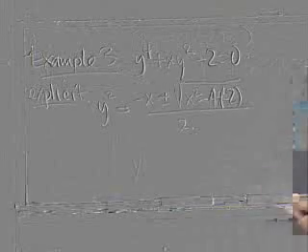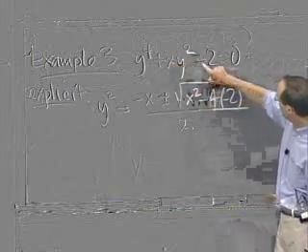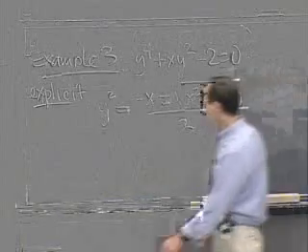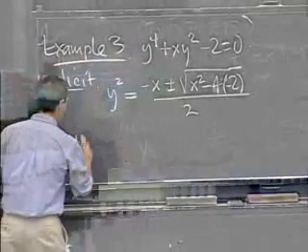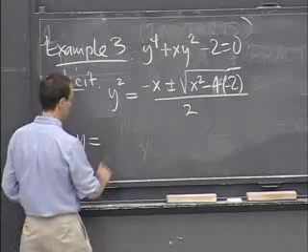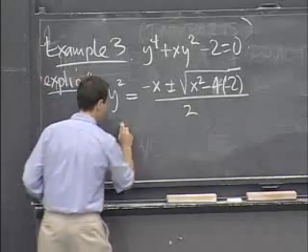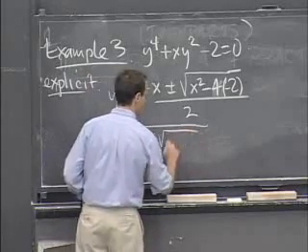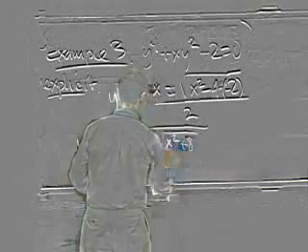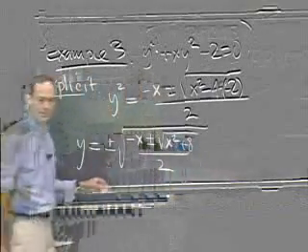Here x is the b, minus 2 is the c, and a is equal to 1 in the quadratic formula. And so the formula for y is plus or minus the square root of minus x plus or minus the square root of x squared plus 8, divided by 2.